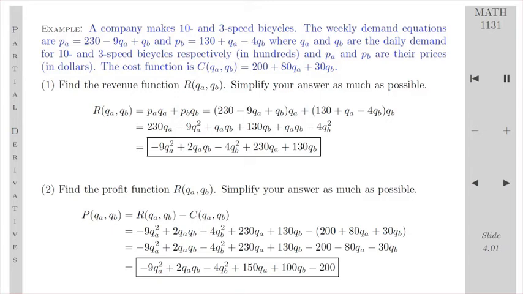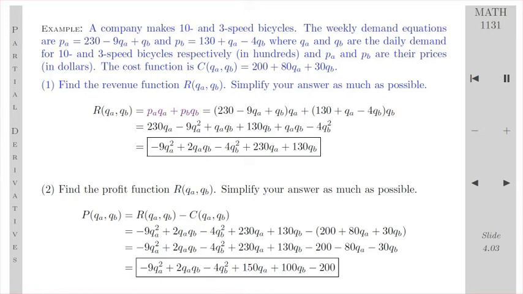Now when we calculate the revenue function, we get some revenue from the 10-speed models, some from the 3-speed models. The total revenue is revenue of each of it calculated separately and added together. Of course, when you calculate them, the prices involve quantities of both, so you end up with a function that involves both the quantities.